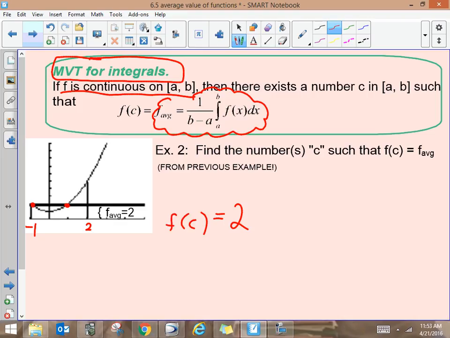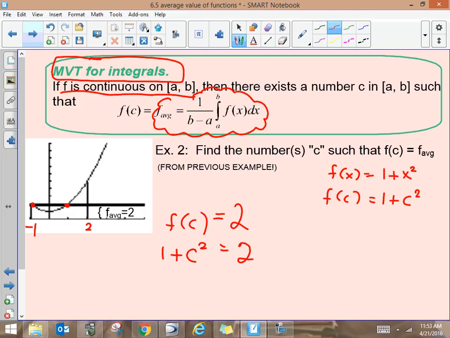F of x, remember, is 1 plus x squared, wasn't it? What's f of c then? F of x is 1 plus x squared, so what's f of c? Right. Then we're going to solve 1 plus c squared equals 2.